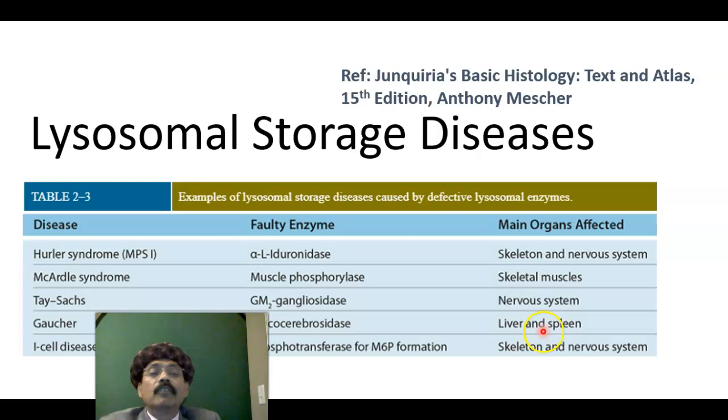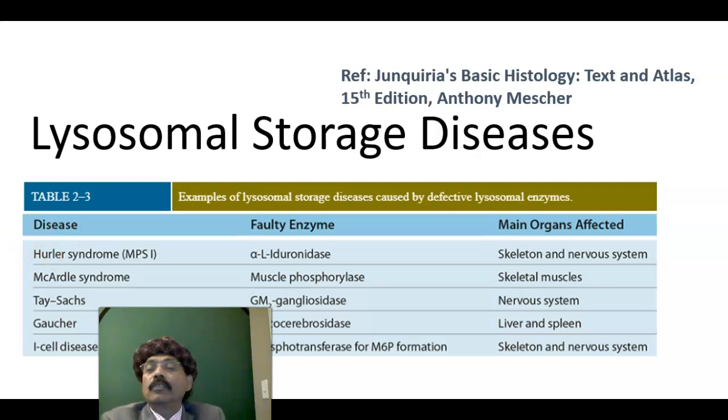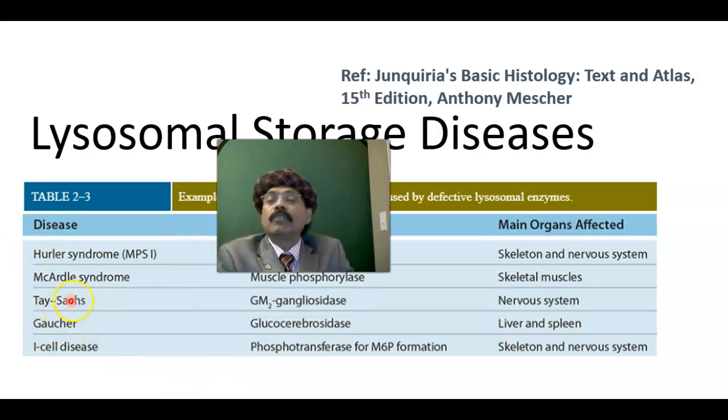Nervous system, liver, spleen, skeletal muscle are affected in these diseases like Gaucher disease, Tay-Sachs disease, I-cell disease, Hurler syndrome, McArdle syndrome. So skeletal muscle is affected in McArdle syndrome. In Tay-Sachs disease the nerve is affected; in Gaucher disease, liver and spleen are damaged.